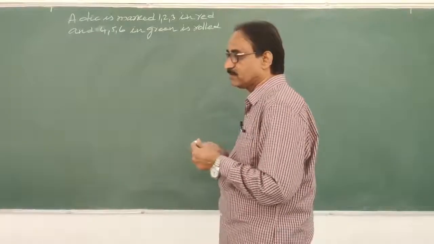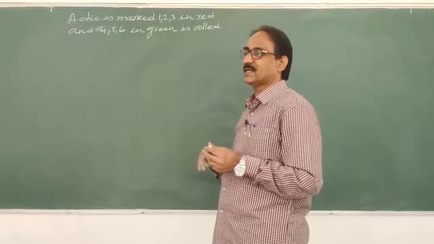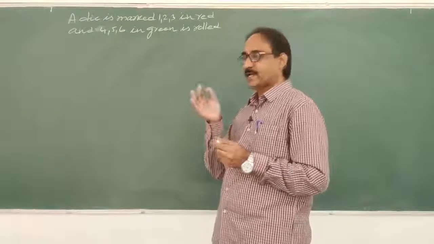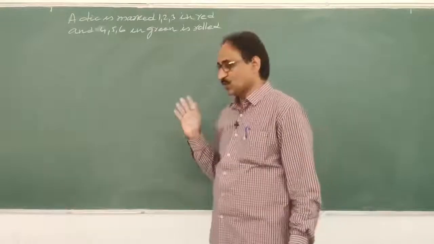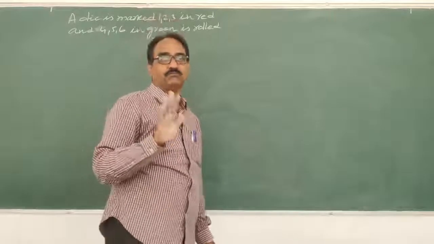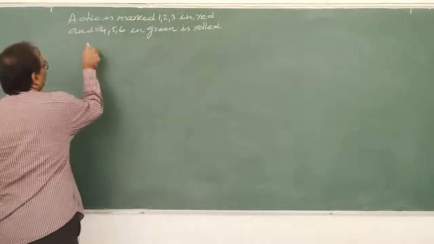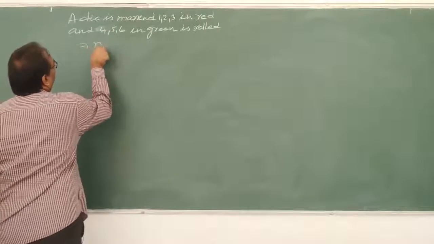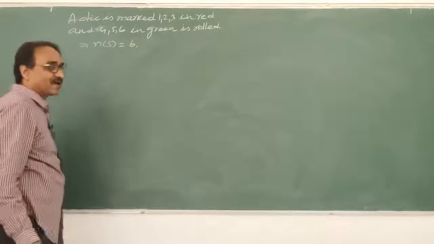Now from the given statement, leave aside red and green. First, what happened? A die is there, it is rolled. That's all. How many chances will be there? 6. So first of all, this implies n of S, the number of sample points, is 6.